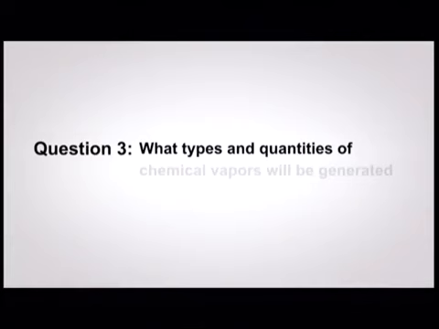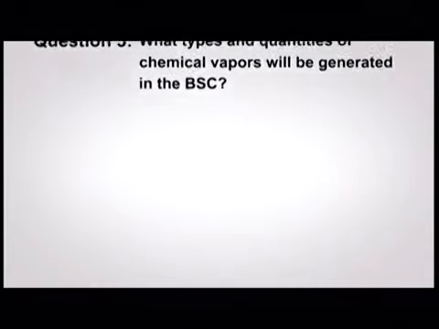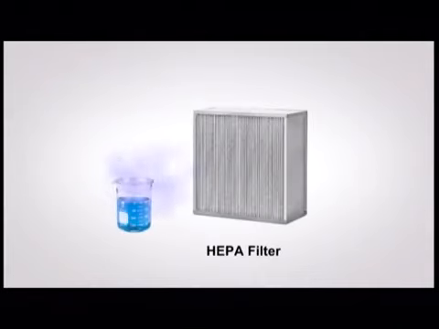The third question to ask yourself is, what types and quantities of chemical vapors will be generated in the BSC? As important as the preceding question, the user must also foresee the type and quantities of chemical vapors that will be generated in the cabinet, because vapors can freely pass through a HEPA filter. Both Class 1 and Class 2 BSCs must have exhaust systems that vent out of the laboratory when used with vapor-causing chemicals.